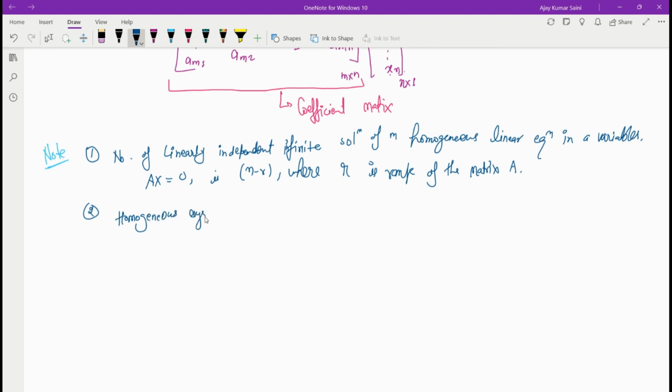Next point: a homogeneous system of equations is always consistent.